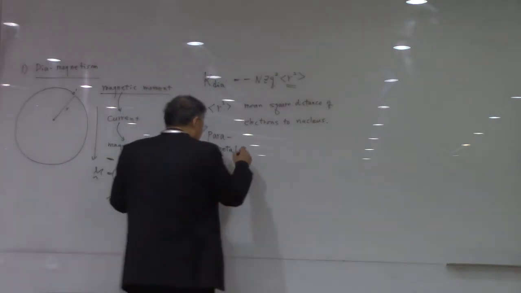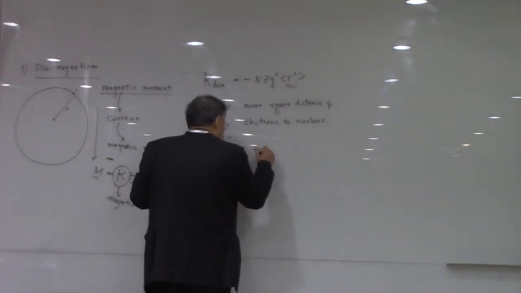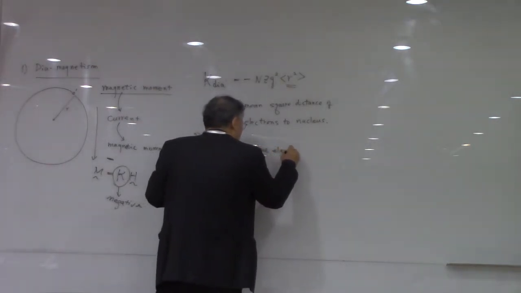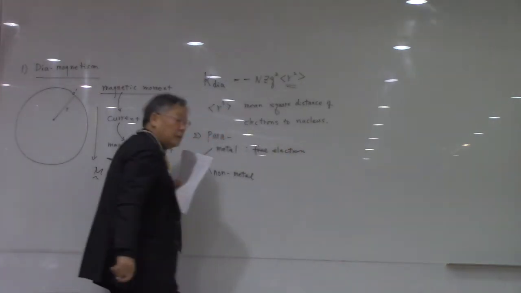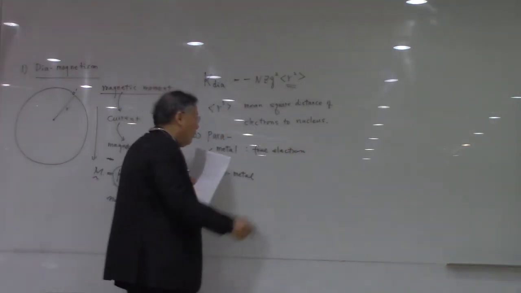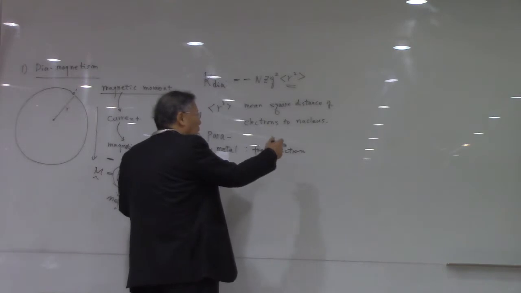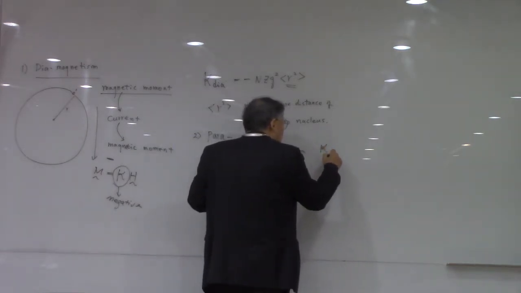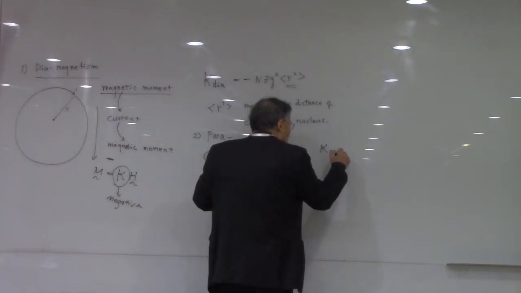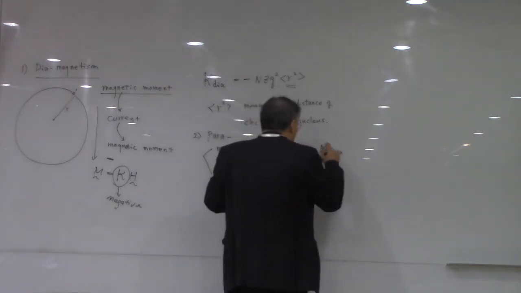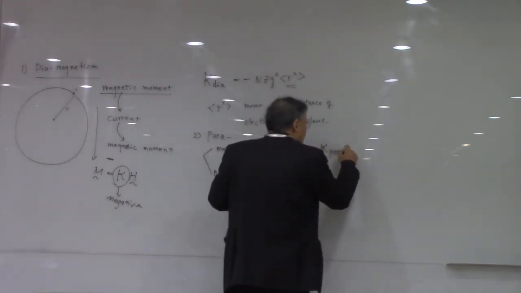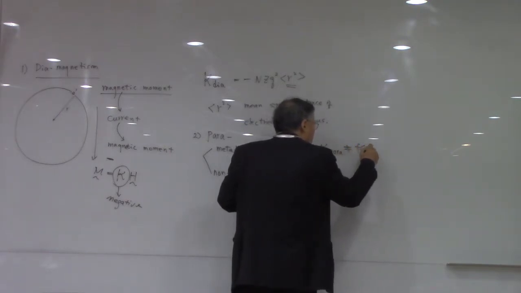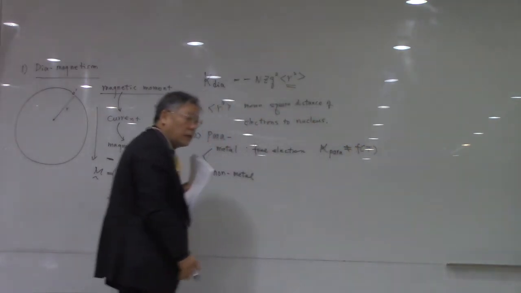And in the metal, we are going to talk about the free electron paramagnetism. And we have discussed this, and we got a conclusion that the magnetic susceptibility chi in a metal system is not a function of temperature. That is a very, very important thing, right?